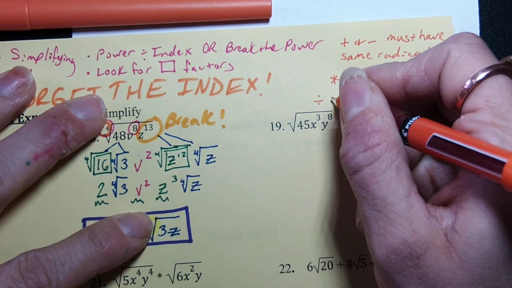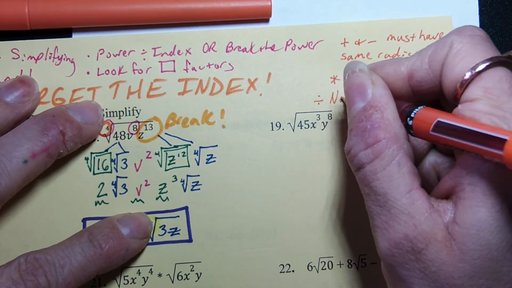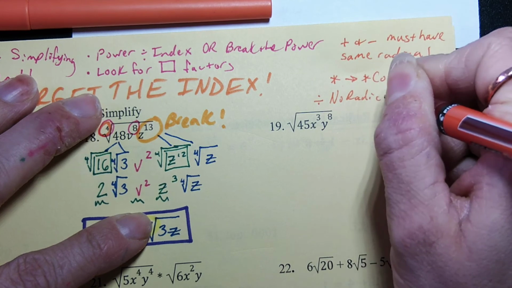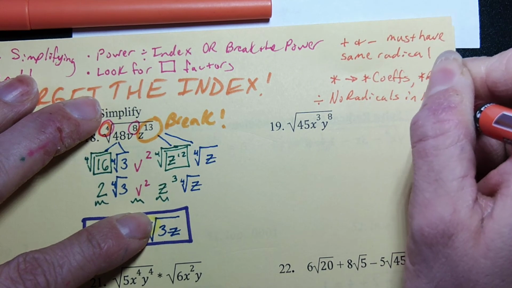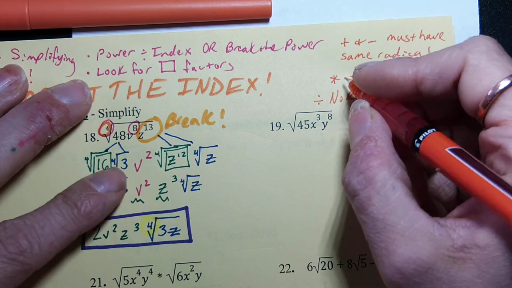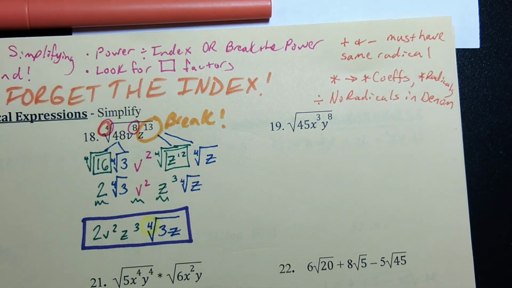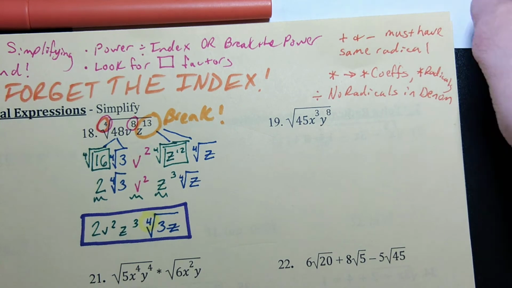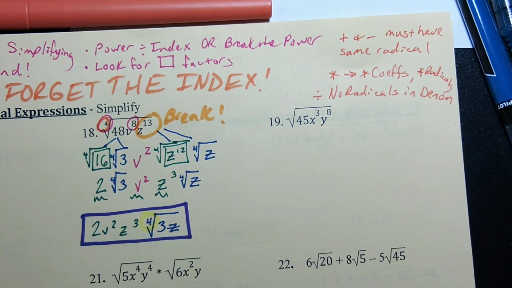For dividing, no radicals in the denominator. You must multiply by the conjugate or the radical times itself. And we're going to define a conjugate down below by going over number 30.